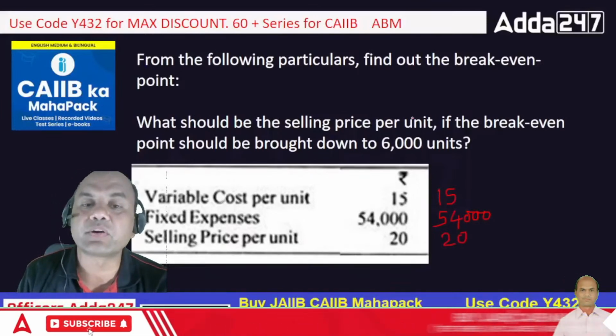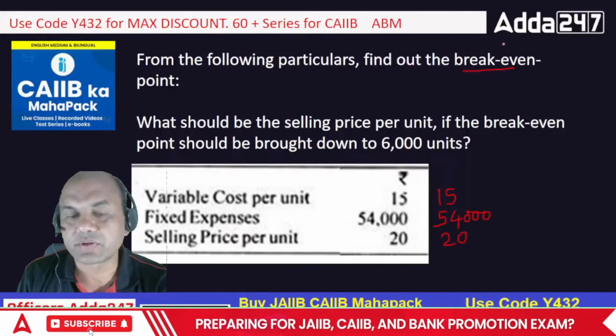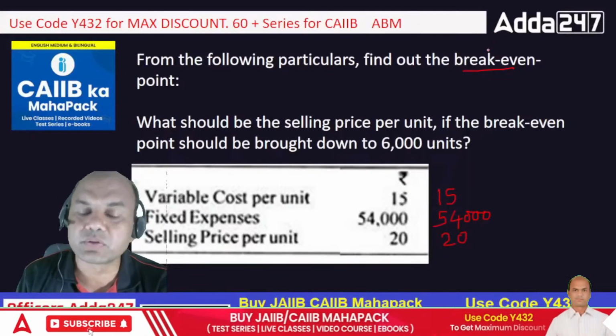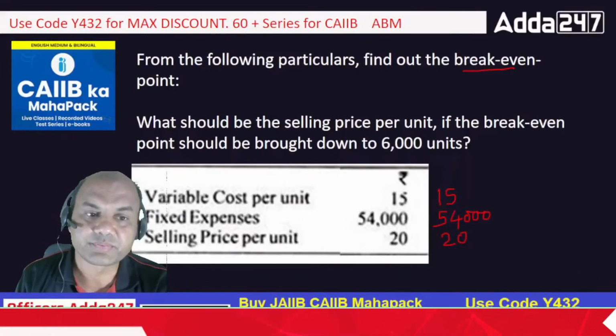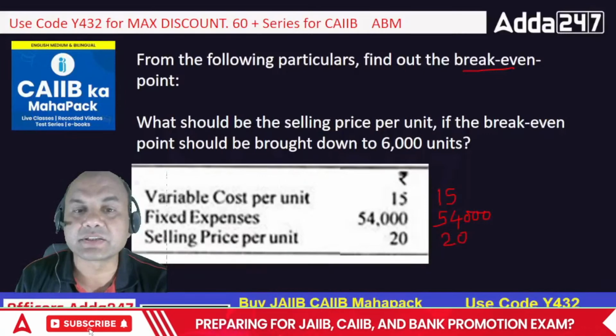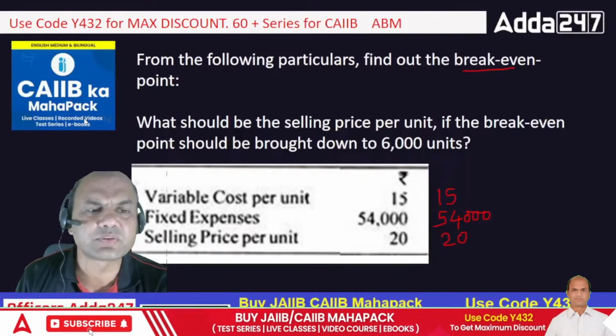So now you have to find, the first problem is the break-even point. What is my BEP? BEP means no profit, no loss. So how to solve that? How to get the BEP in this case? See what is given to you.